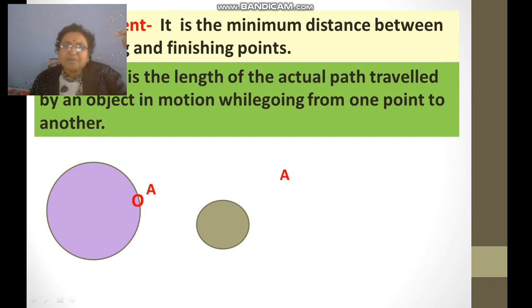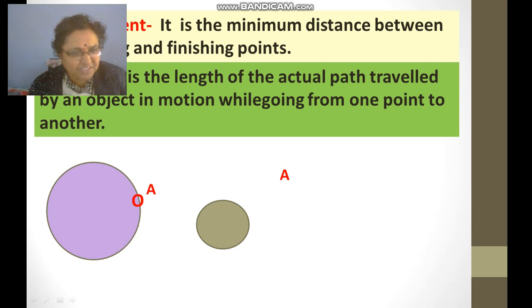In the above example, displacement of both Prashant and Sheetal is only 1300 because the minimum distance between school and home is 1300. But actual distance travelled by Prashant is only 1300, but by Sheetal is 500 plus 1200. So, can you understand the difference between displacement and distance now? The displacement means the minimum distance between starting and end, and distance means the actual path travelled.